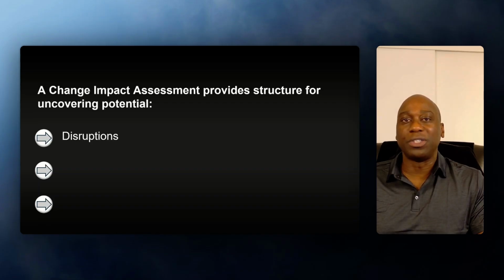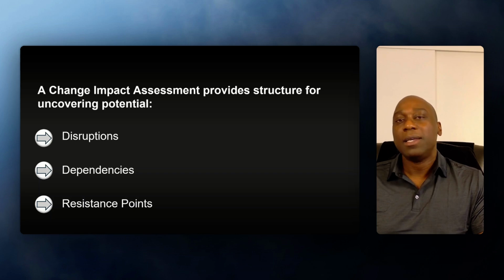Something you should note is that a change impact assessment provides you with the structure for uncovering potential disruptions, dependencies, and resistance points. This allows you and the change management team, as well as your leadership, to plan targeted strategies that support effective change adoption.